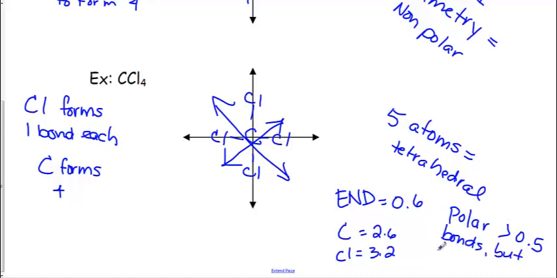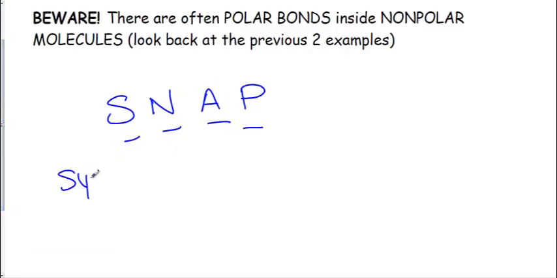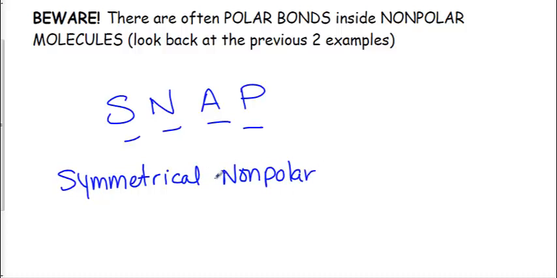and shows me polar bonds, but nonpolar molecule. Very important. Okay, so here is the mnemonic that you can use to help you remember this. SNAP. Okay, symmetrical. If it is symmetrical in shape, it is a nonpolar molecule.